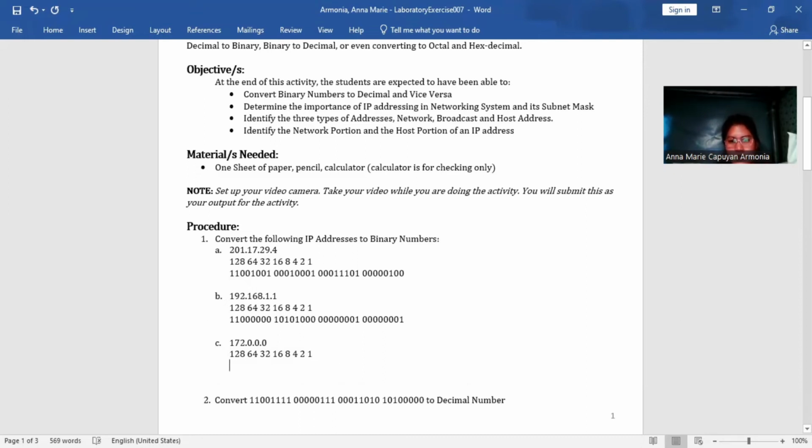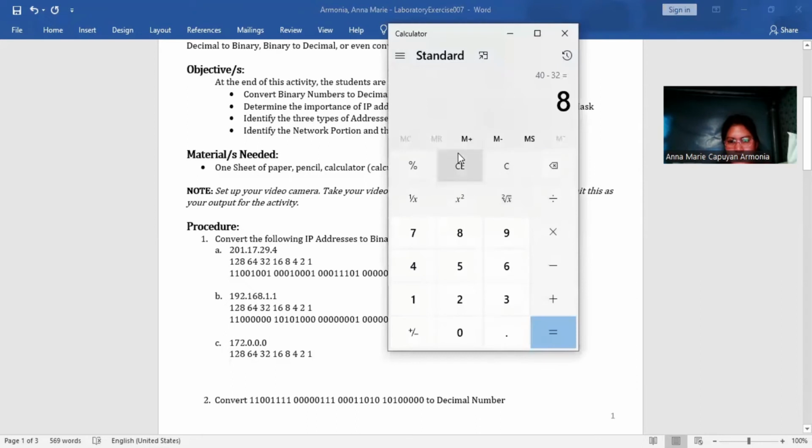So we have 172 that we have to subtract again, as I have told you, the same process. So the 172 has to be deducted by 128.